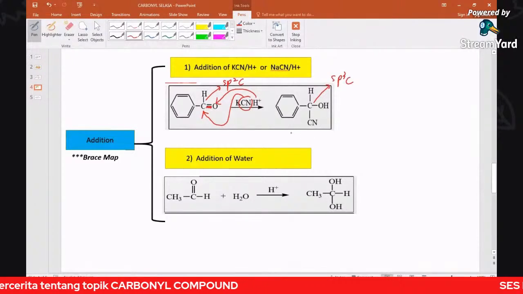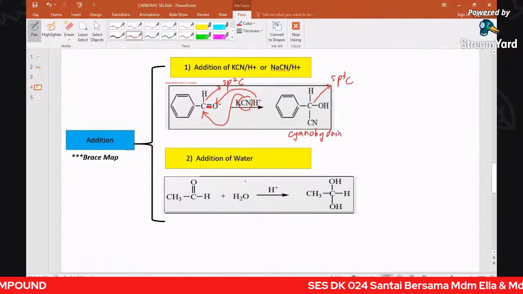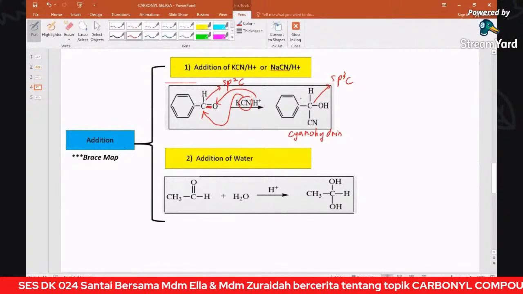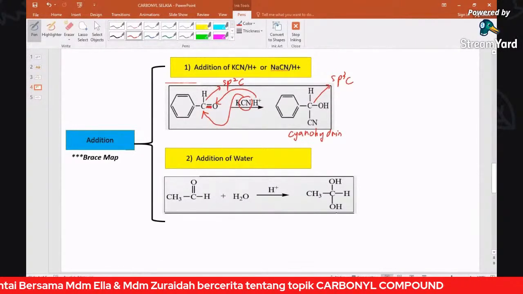And we will get a cyanohydrin compound. This is for addition of KCN/H+ and NaCN/H+. Very simple, guys.